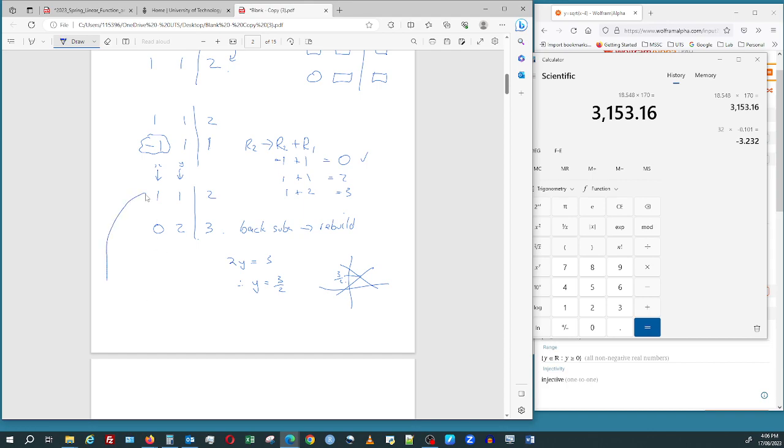Okay, now I've got that, I can rebuild this top one. So rebuilding this top one as a back substitution, I've got x plus y, y is now 3 on 2, is equal to 2. So I'm going to minus 3 on 2 from both sides. And x is going to be 2 minus 3 on 2. That needs to be a 2.